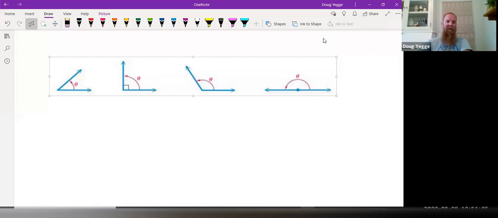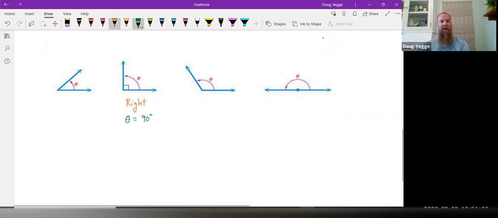So now that we know about degree measurement, we can come up with the names of a couple of special types of angles. So we already talked about this first angle, that's a 90-degree angle. We refer to this as a right angle. And a lot of trigonometry is based off of right triangle trigonometry. And so right angles occur when theta is equal to 90 degrees.